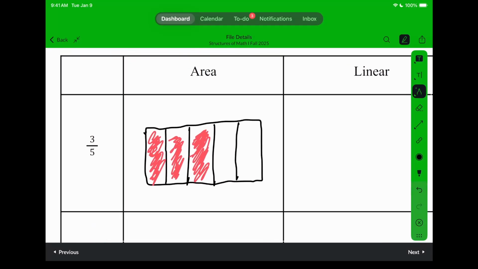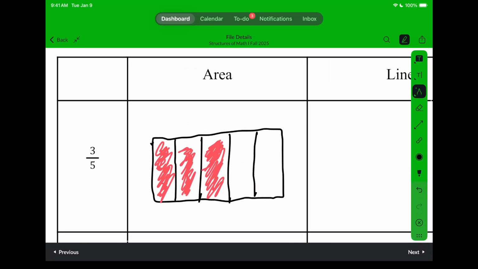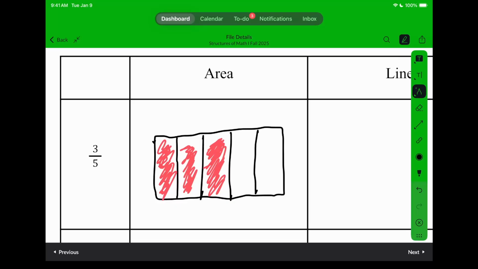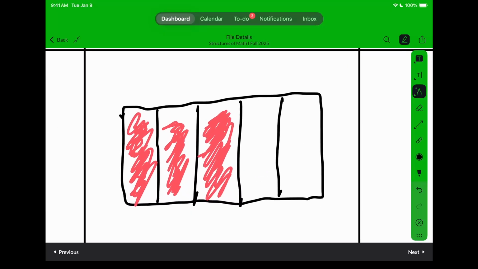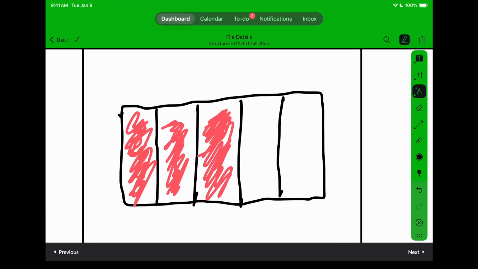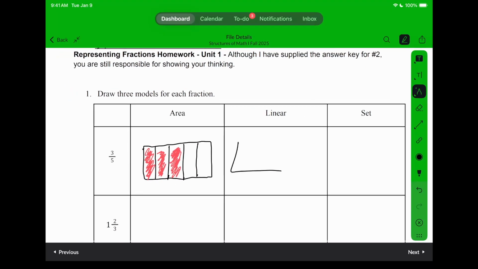What you've got to remember with area models is that each section must be equal, to the best of your ability, roughly. Each piece has to be an equal-sized piece. It can't be like you draw a giant piece here, and then whatever that is, and then like that.